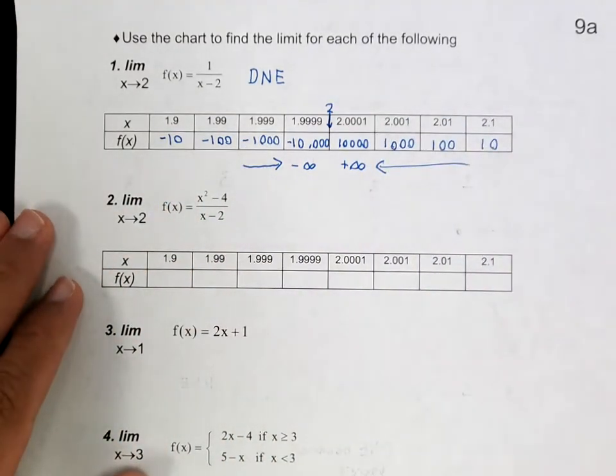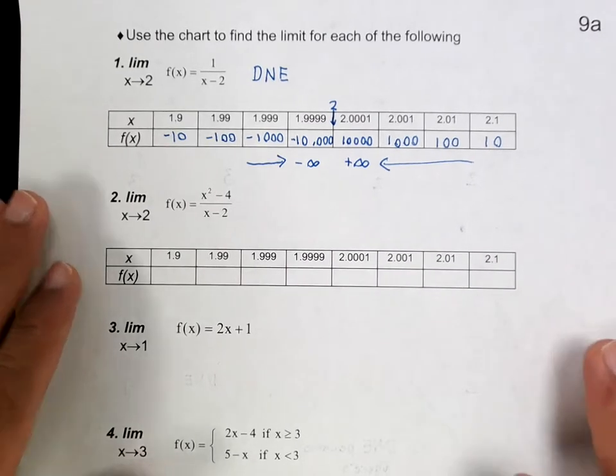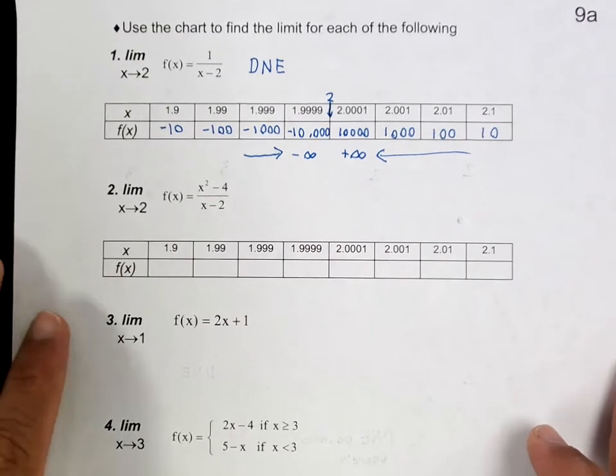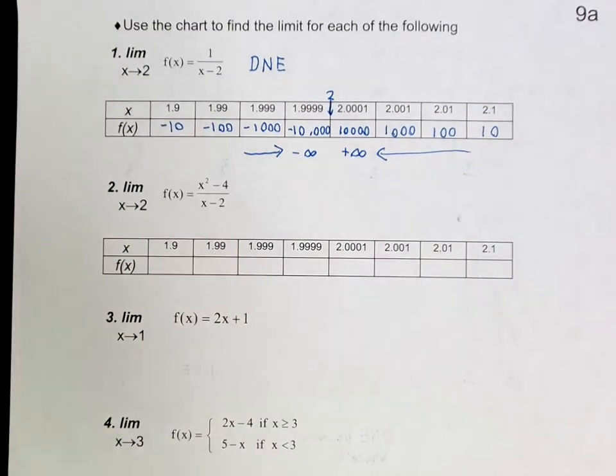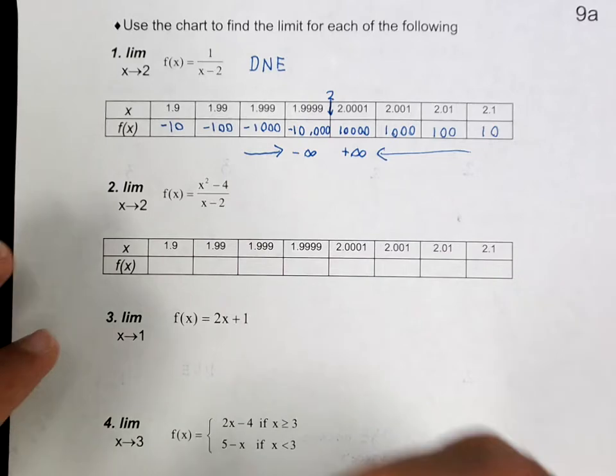All right, so let's say that. If you don't have a calculator at home, that's fine. You can actually do this with your regular calculator if you had to. So make sure you get this done.